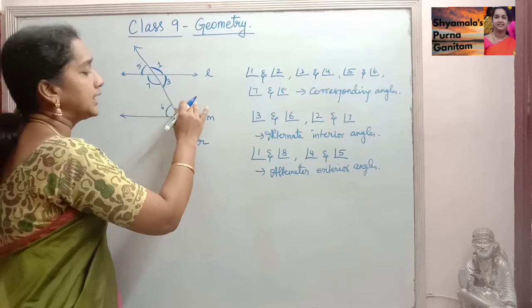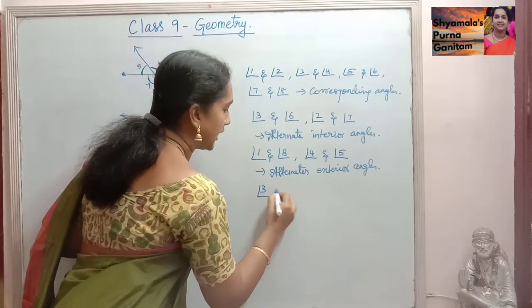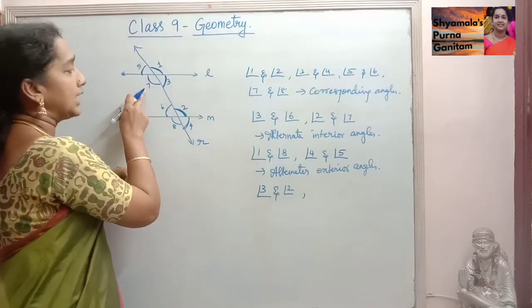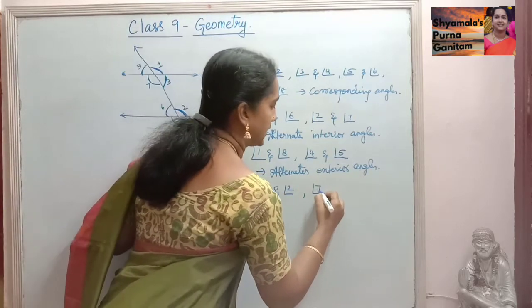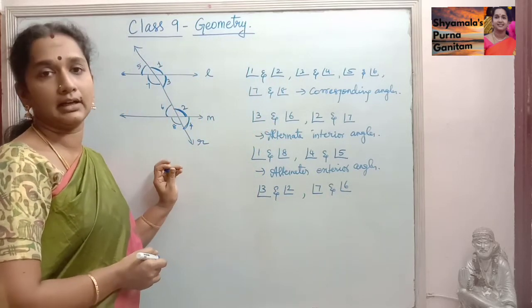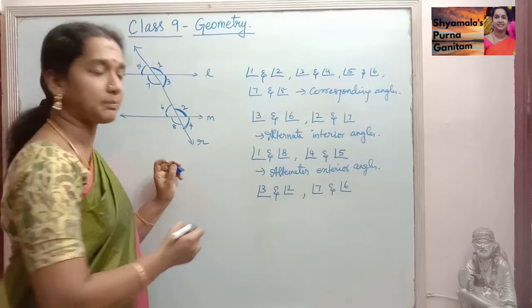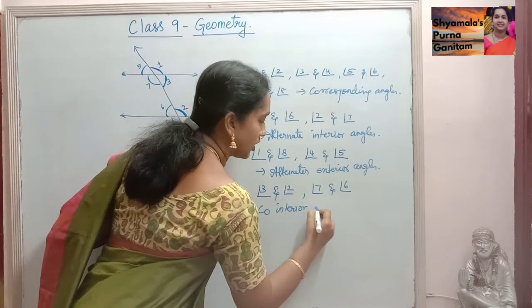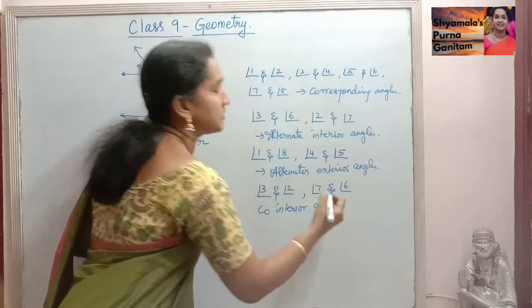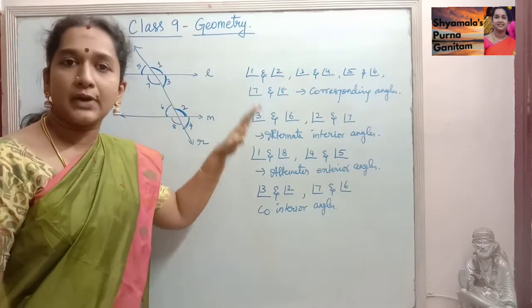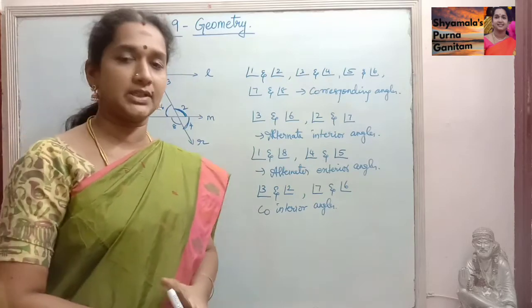That is angle 3 and angle 2, and angle 7 and angle 6 are co-interior angles. So co-interior angles are supplementary. Okay, so these are the types of angles in parallel lines and transversal lines.